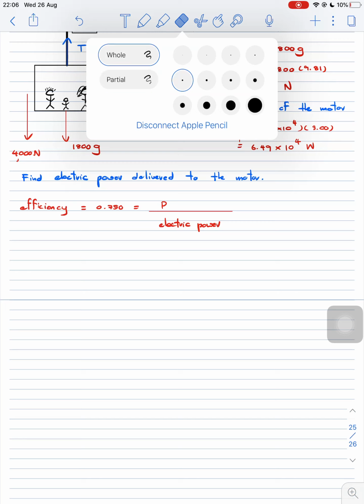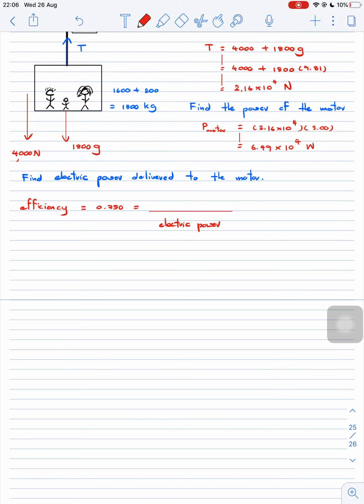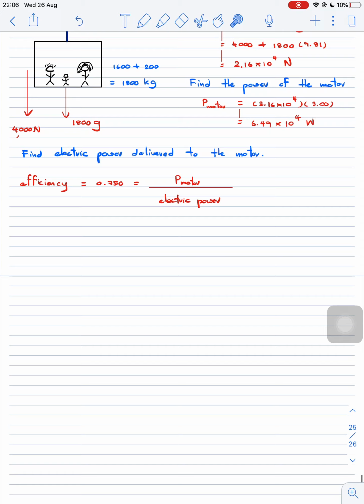So this is called the efficiency of the power of the motor.